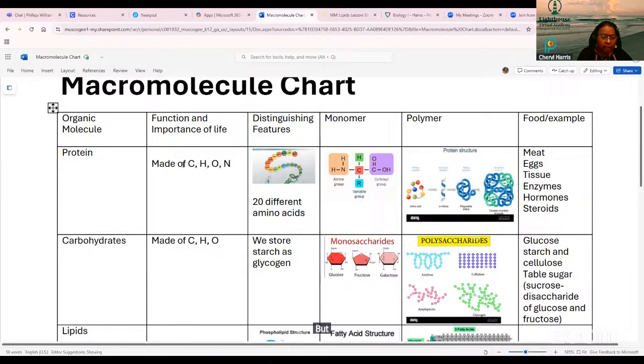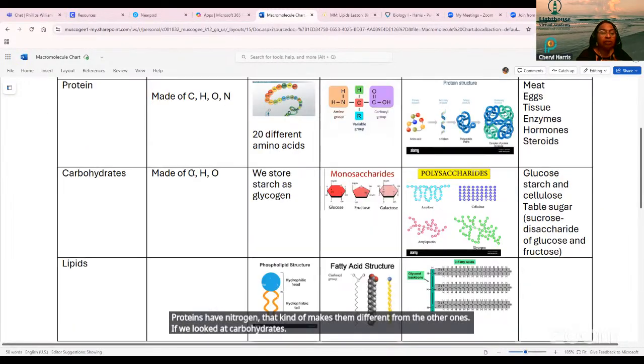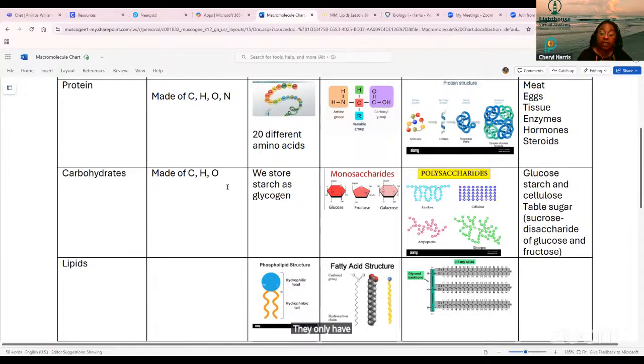But everything that we're looking at is going to have CHO for sure. Now, proteins have nitrogen. That kind of makes them different from the other ones. If we looked at carbohydrates, they only have carbon, hydrogen, and oxygen. So they don't have nitrogen as part of their general makeup.